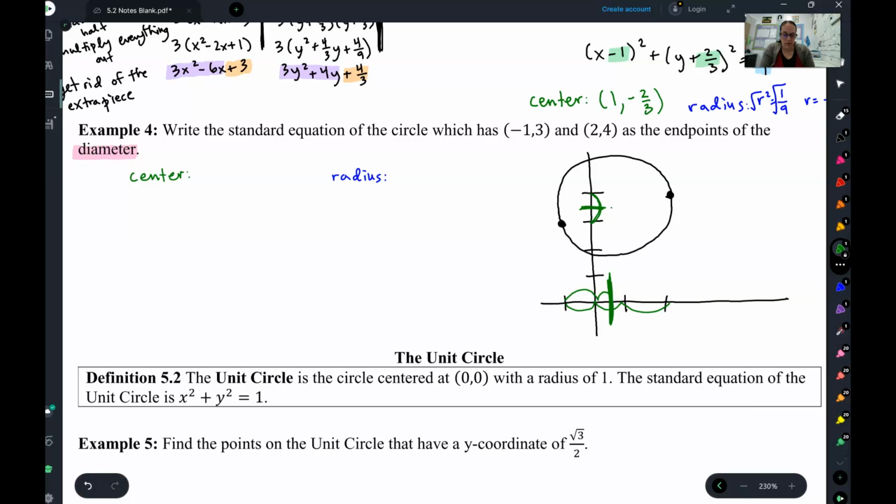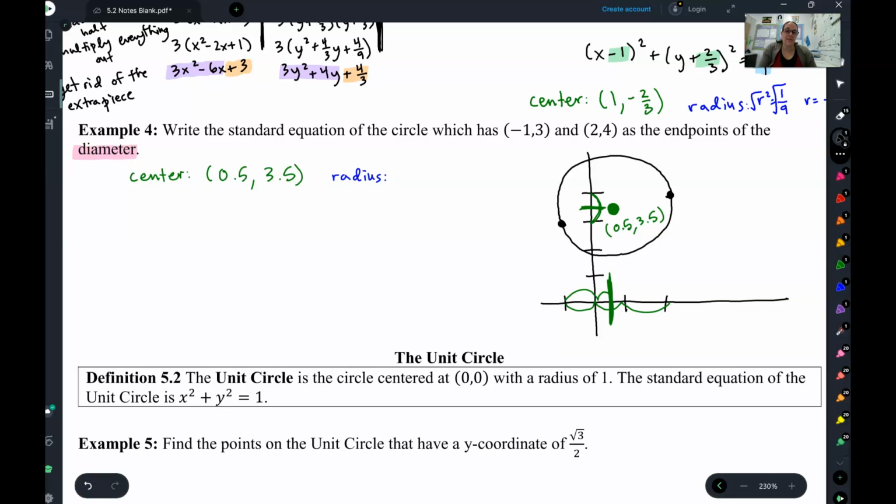And if I find where these 2 meet up, there is my center. This x value is 0.5. This y value is 3.5. So my center is at (0.5, 3.5), perfectly halfway between the x's, perfectly halfway between the y's.